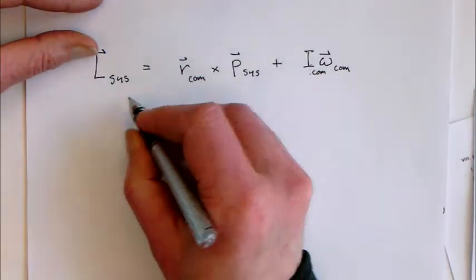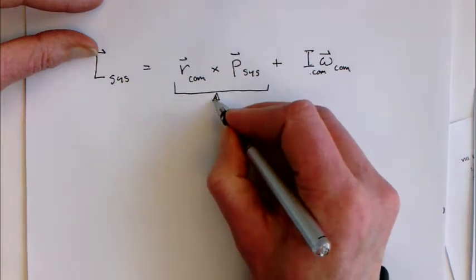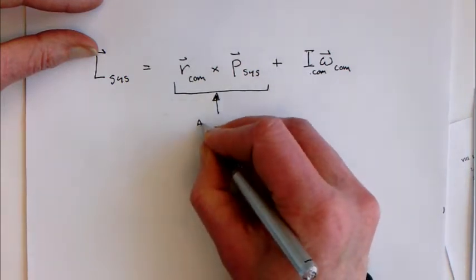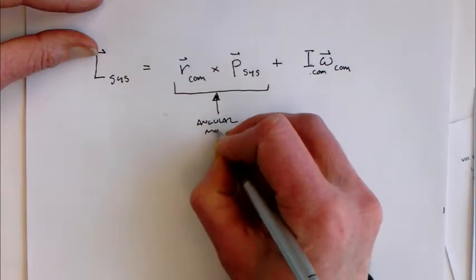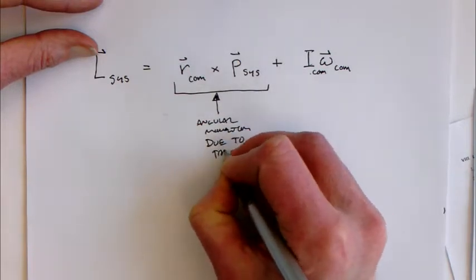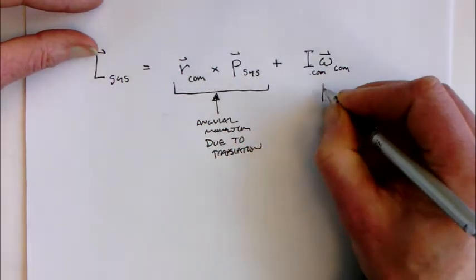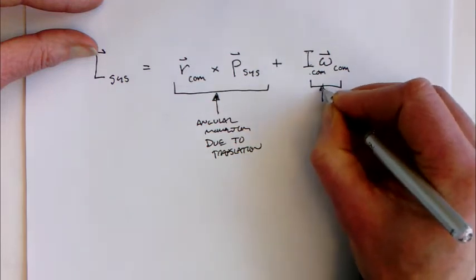So in fact, when you break it down this way, what you have is a term that looks like angular momentum due to translation, and then in addition to that, you have angular momentum due to rotation.